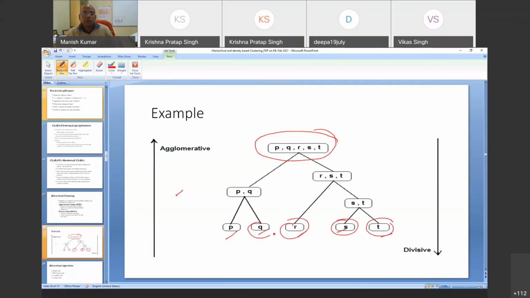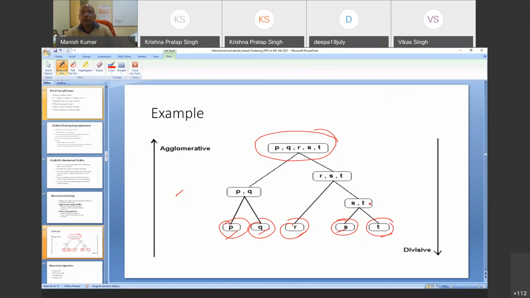There are two ways of looking at the clustering here. I can assume that each of these points is a cluster, and then depending upon the similarity, we merge these points into a higher level of clusters.